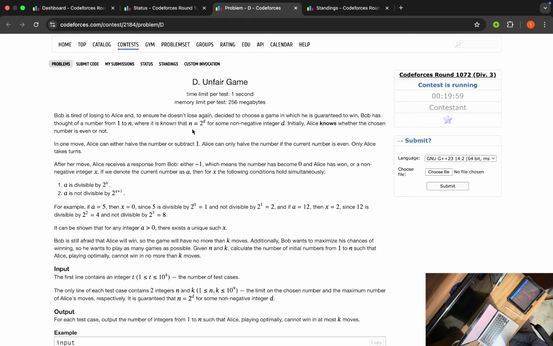Only Alice takes turns. After her move, Alice receives a response from Bob, either -1, which means the number has become 0 and Alice has won, or a non-negative integer x. If we denote the current number as a, then for x the following conditions hold simultaneously: a is divisible by 2 to the power x, a is not divisible by 2 to the power x.